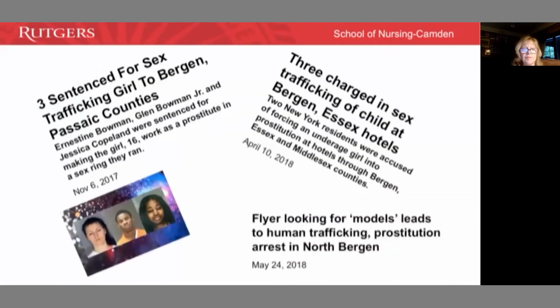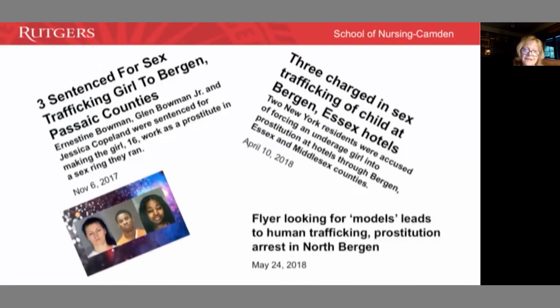Again, these perpetrators, not surprisingly, look for people that they can use. They look for people who are vulnerable and are desperate for attention or affection.